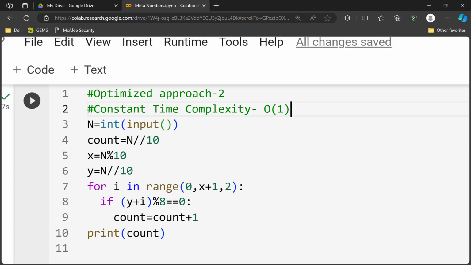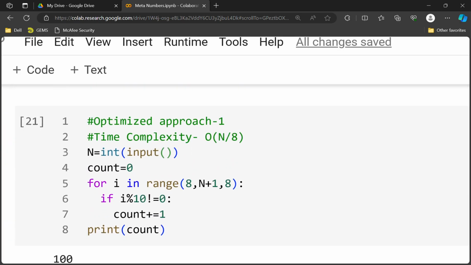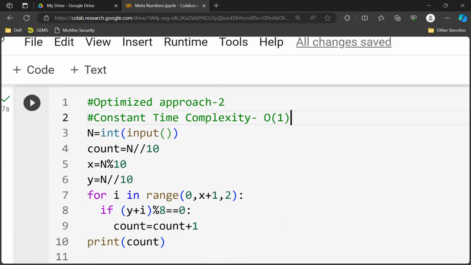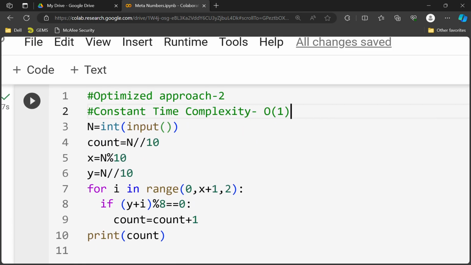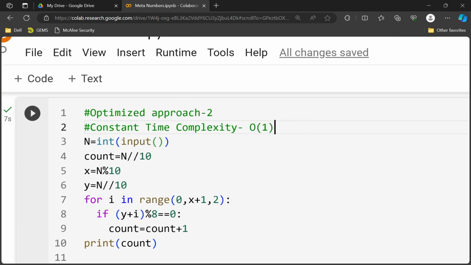So in such cases, 1 or 2 test cases may fail for the direct approach. So how to avoid that situation? Then we have to write optimized solutions. For this problem, optimized approach 2 is very much suitable. Okay, so I hope you understood the logic presented here.